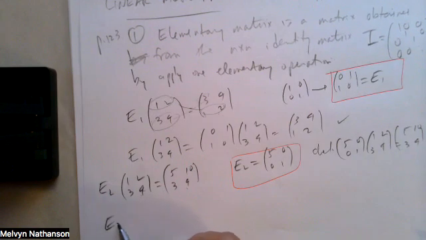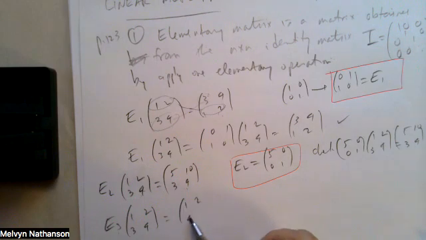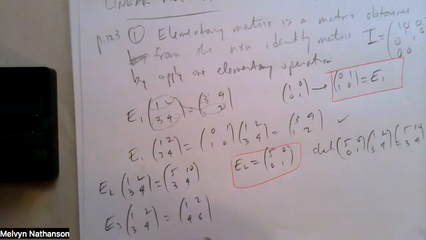E3 is the elementary matrix such that when you multiply it by the matrix 1, 2, 3, 4, you get 1, 2, 4, 6. So how do you get from this matrix to this matrix? Well, you have to stare at that a little bit. You see, the first row didn't change, but if you add the first row to the second row, you get 4, 6.